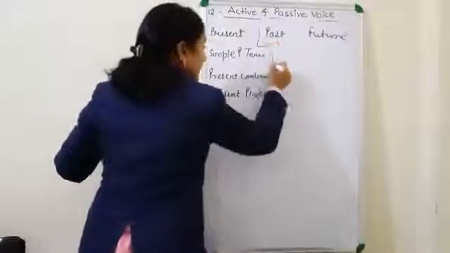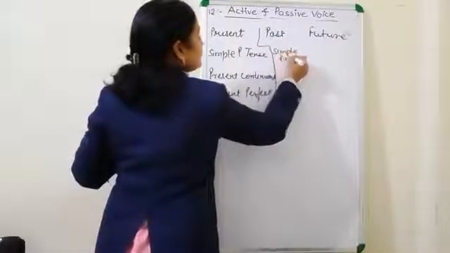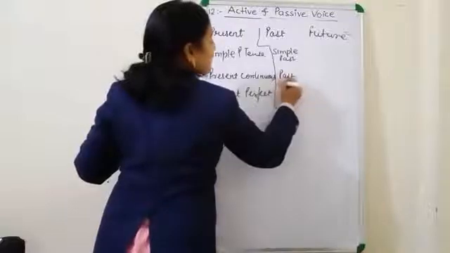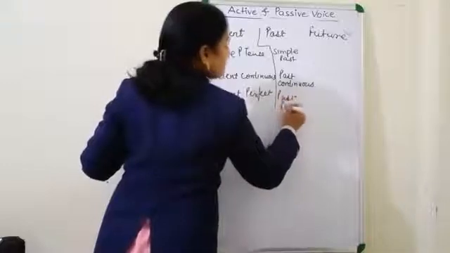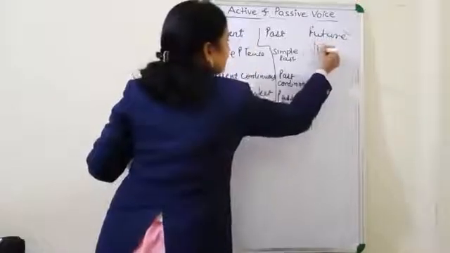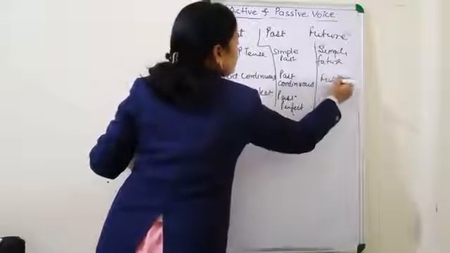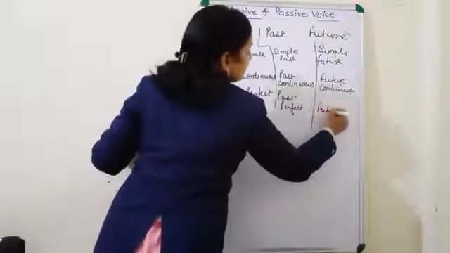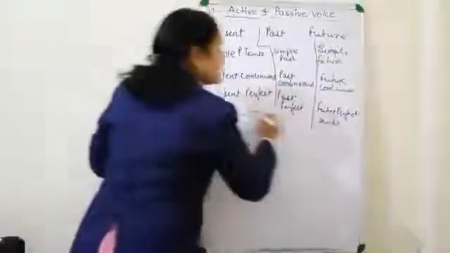In the same way, we can change simple past, okay, past continuous and past perfect. At the same time, we can change simple future, then future continuous and future perfect tense into the passive voice.